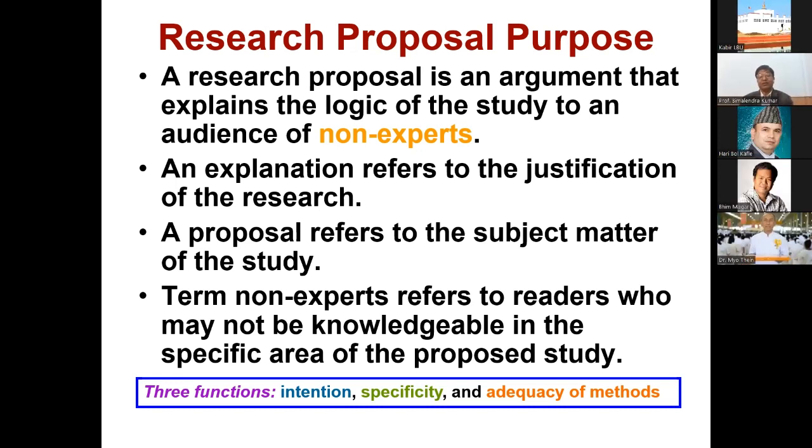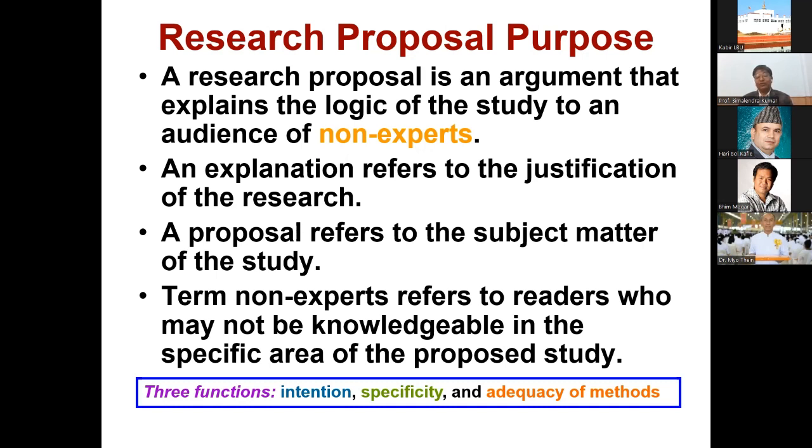Here is an explanation. What is the research proposal? It is an explanation that refers to the justification of the research. Whenever you are going to make a research proposal, you have to write about the justification of the topic, for what purpose you are going to select this topic.